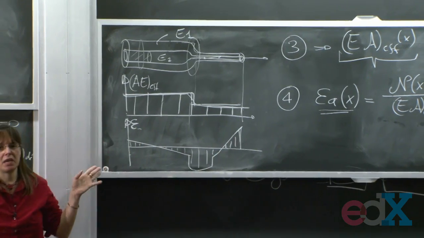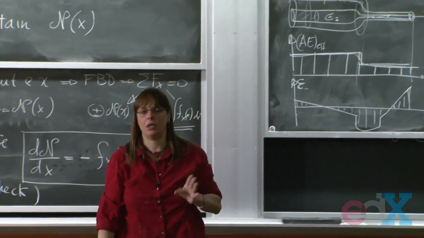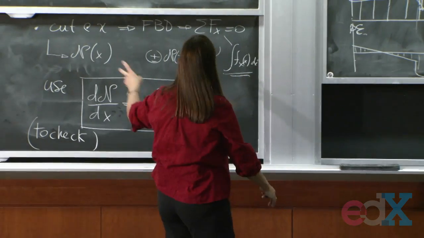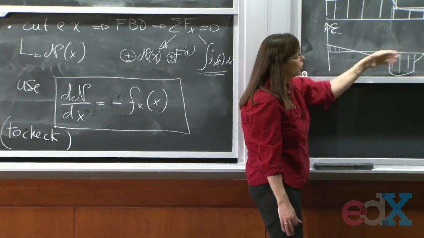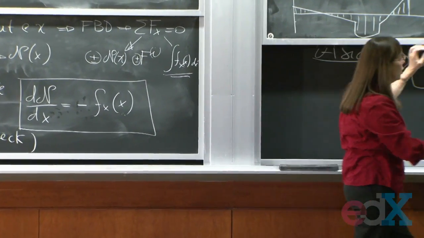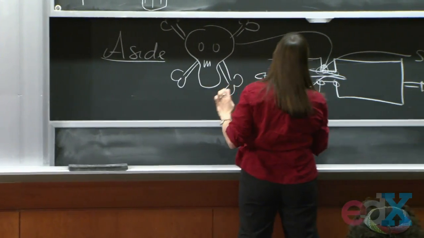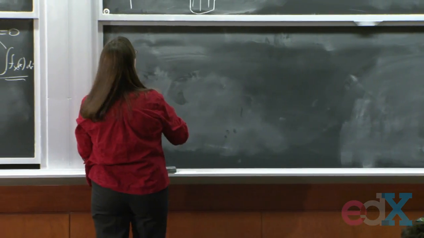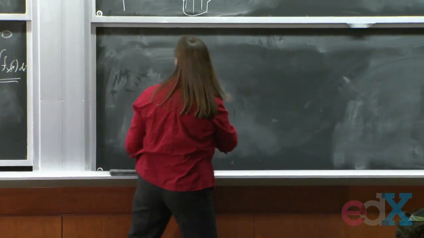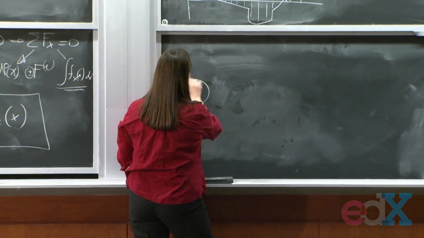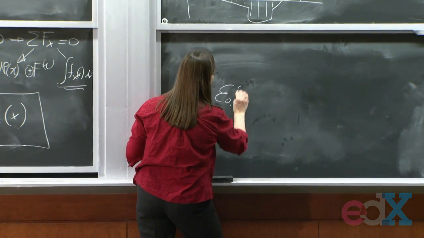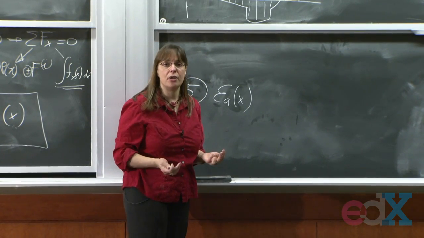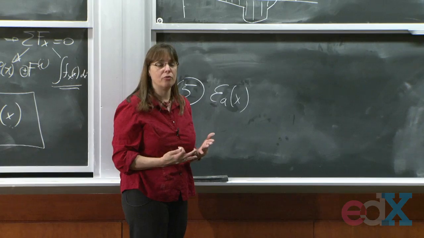Okay, so I'm making a very complicated example here, but in general, you're going to have a little simpler loading than that. And your fourth step is obtaining epsilon A of x. Essentially, once you've done that, you're home free. So step 5, once you have epsilon A of x, you can do all kinds of things. Having epsilon A of x really means you're almost home free.